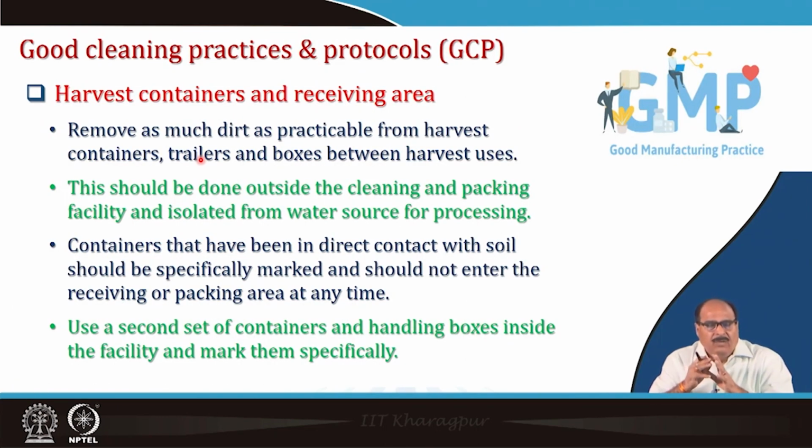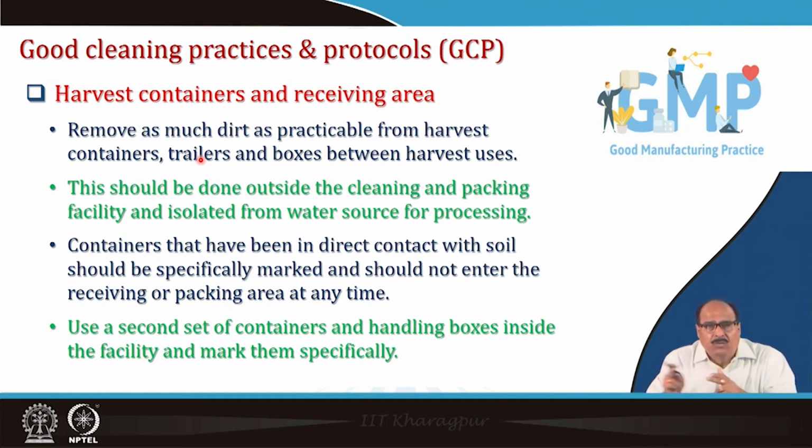Now, let us see the good cleaning practices and protocols, which we normally call GMP for cleaning. Good protocols have to be followed at each and every stage of cleaning. For example, harvest containers and receiving areas: remove as much dirt as possible from the harvest containers, trailers and boxes between harvest uses.